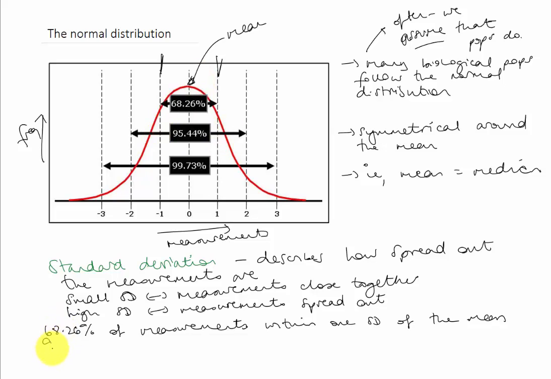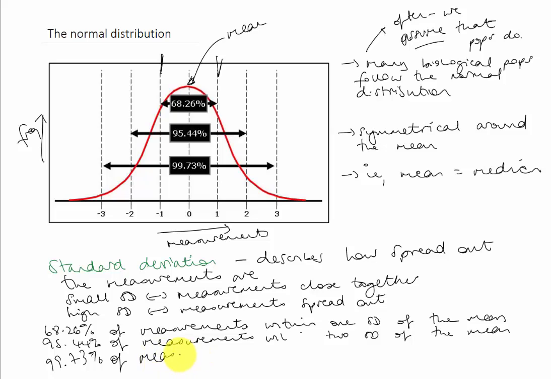So we've got 95.44% of measurements within 2 standard deviations of the mean, and 99.73% of measurements within 3 standard deviations of the mean.